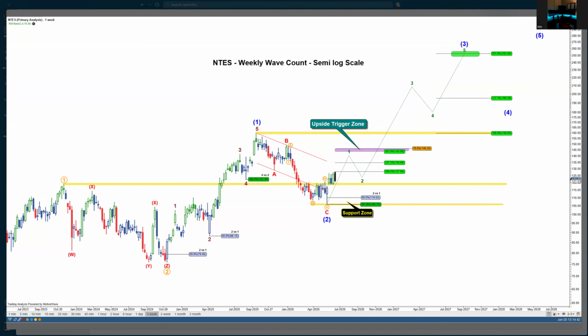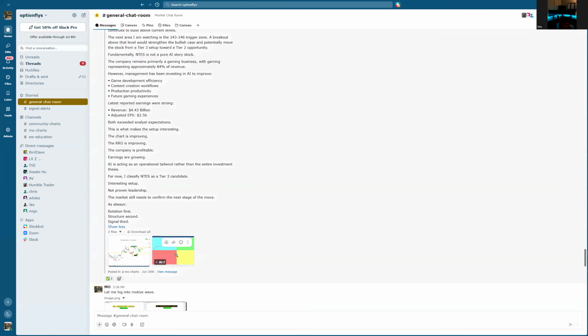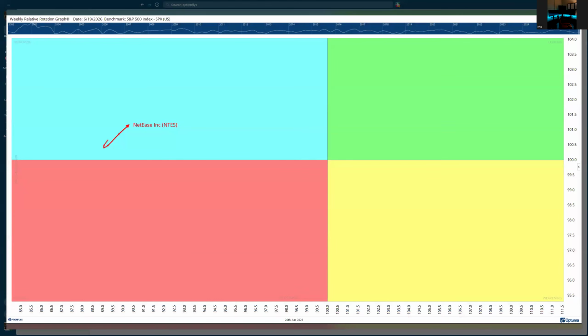So basically what you're looking for is this: the stock has to go all the way up to here, and it has to cross this line. This 100.